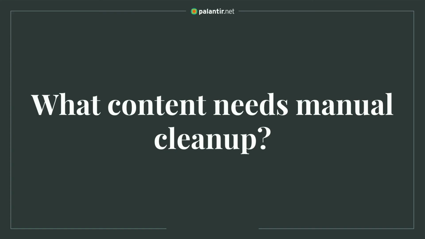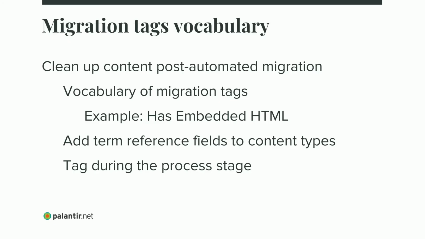The last piece of this is that eventually you're going to write your migration and you're going to pass it on, and it's going to be somewhere between nothing was migrated in an automated fashion and everything was, but it's never going to hit everything. So a thing that we found valuable is to tag content as we're migrating it, and to create a vocabulary for that purpose.